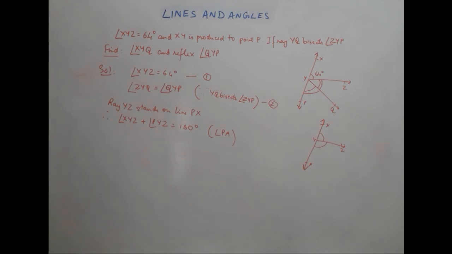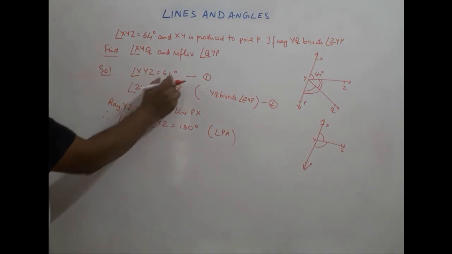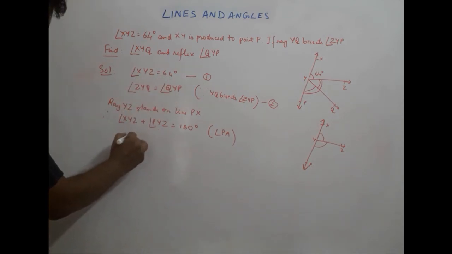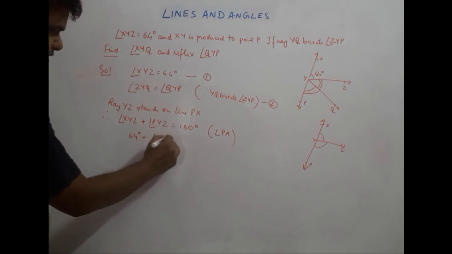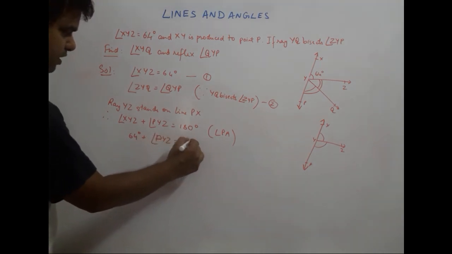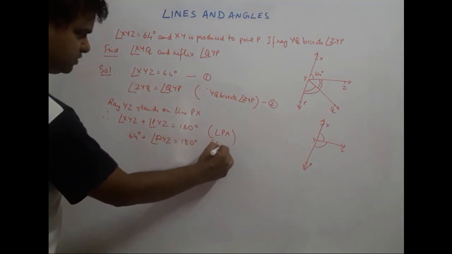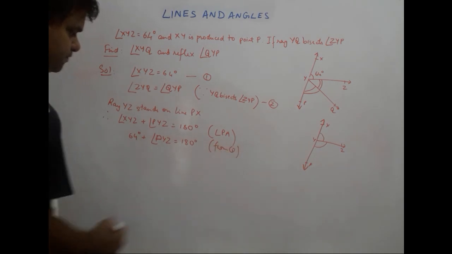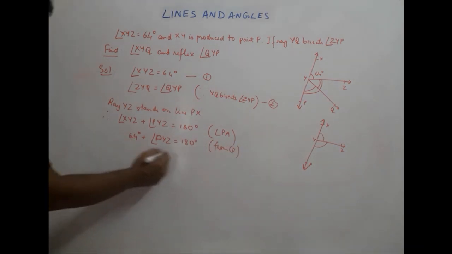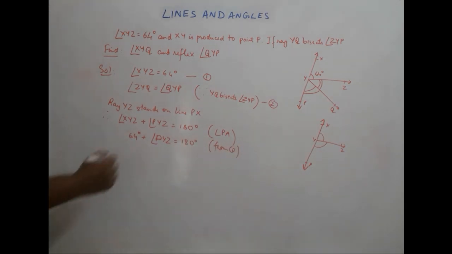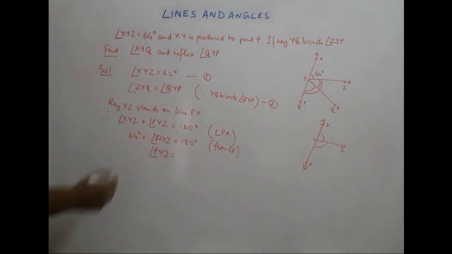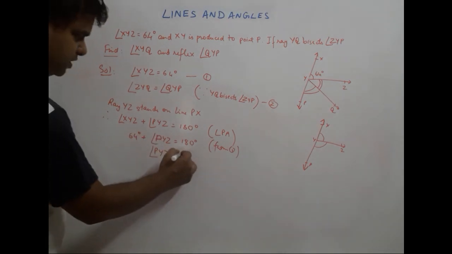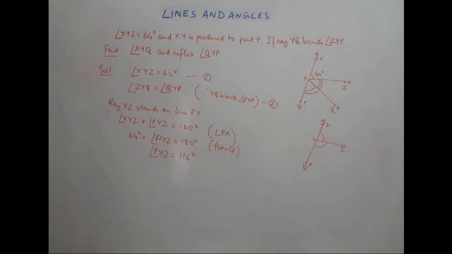But we know that angle XYZ is equal to 64 degrees. So we put 64 degrees plus angle PYZ equal to 180 degrees. This is from 1. I take 64 to the other side, it becomes negative, and we get angle PYZ: 180 minus 64 gives us 116 degrees.